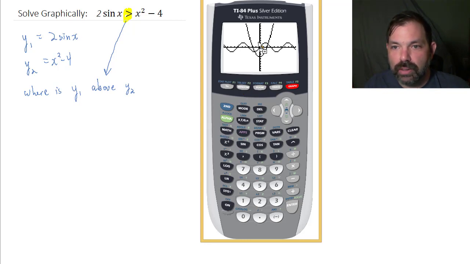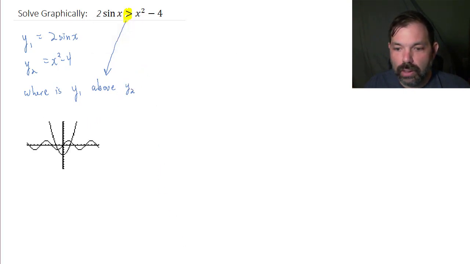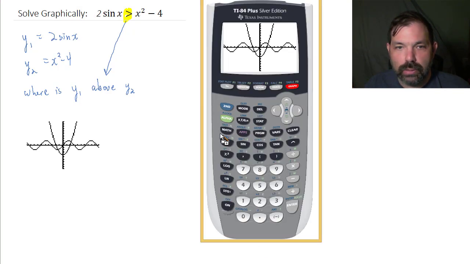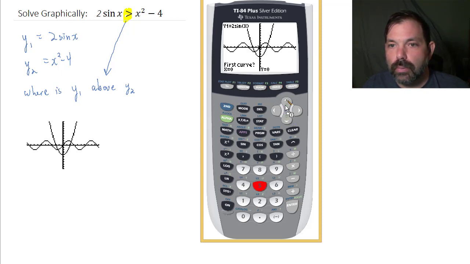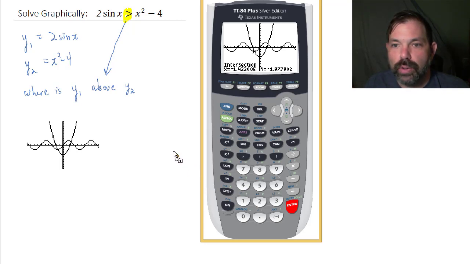Now I'm going to grab this picture because I'm going to draw in it. So let me grab this and bring it down here. All right, let's go find those points of intersection. So let me find the first point of intersection. That's to the left. So x is approximately negative 1.422.